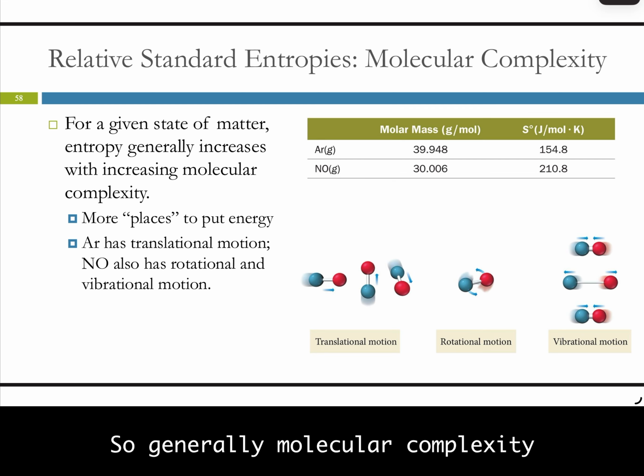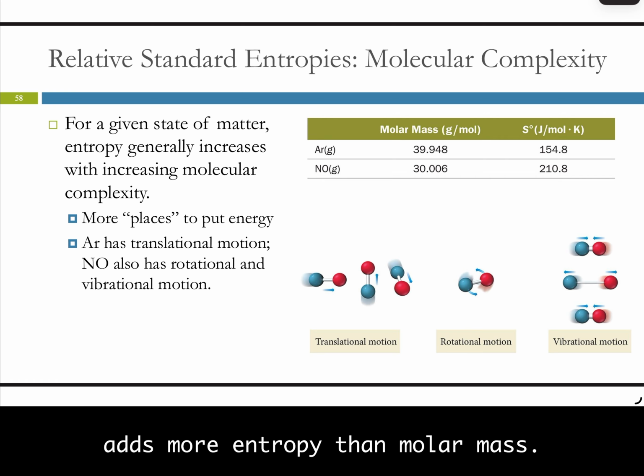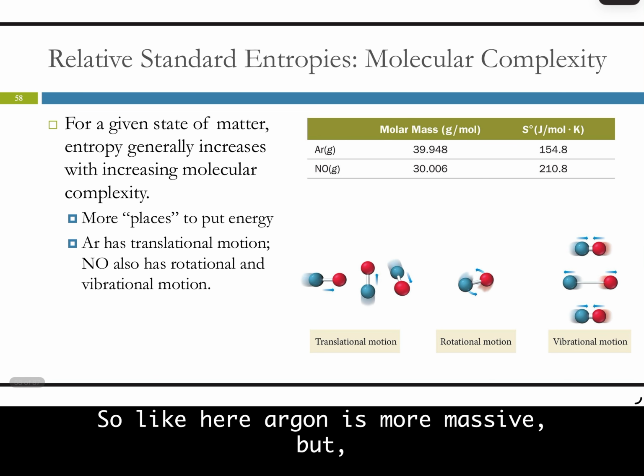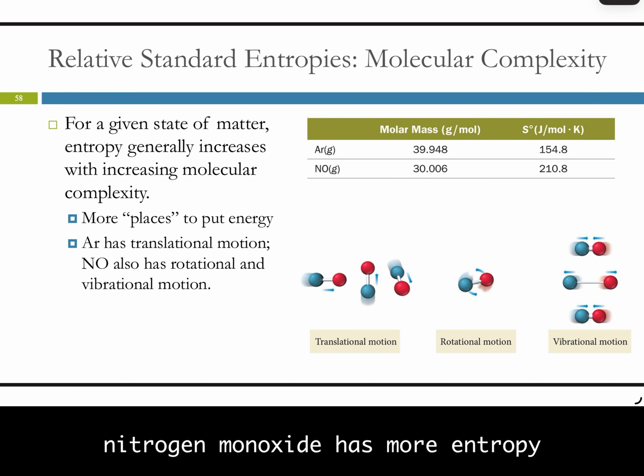So generally, molecular complexity adds more entropy than molar mass. Like here, argon is more massive, but nitrogen monoxide has more entropy, or its standard entropy is higher.